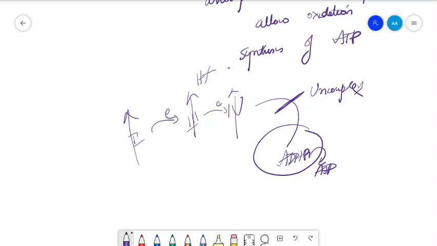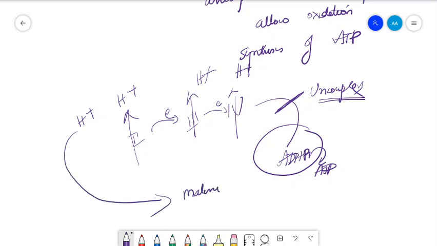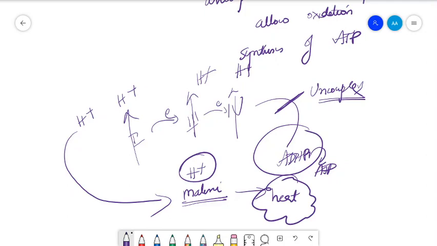What happens to these protons? Now this intermembrane space will be rich in protons, right? So when uncouplers act, these protons leak into the matrix. A high amount of H plus generates heat. So uncouplers produce heat.